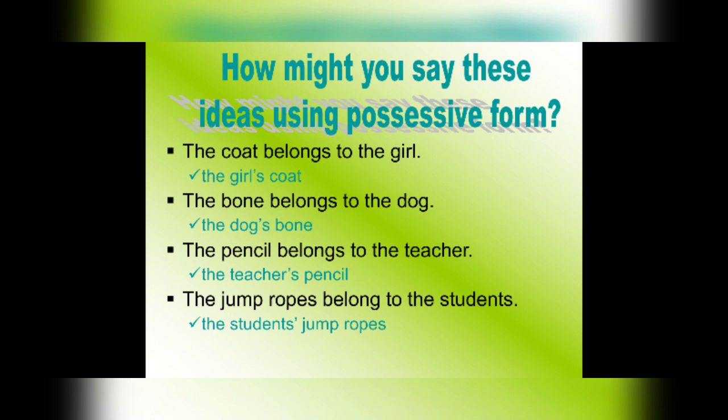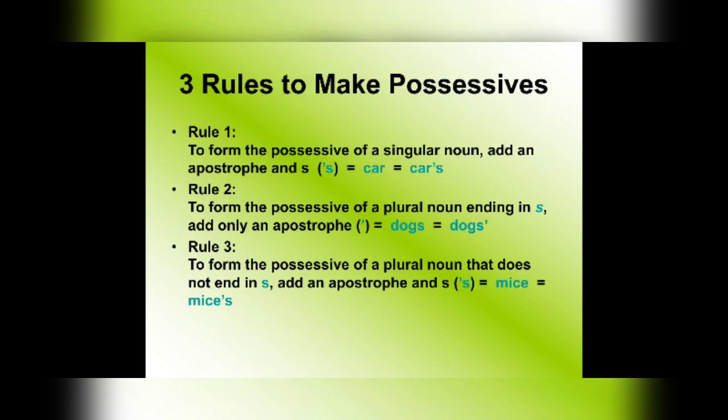Do you understand? Okay. Now let's see, there are three rules which will help us to make the possessive. So first rule is, to form the possessive of singular noun, add an apostrophe and s. For example, car, car's. Rule number 2, to form the possessive of plural noun ending in s, add only an apostrophe.